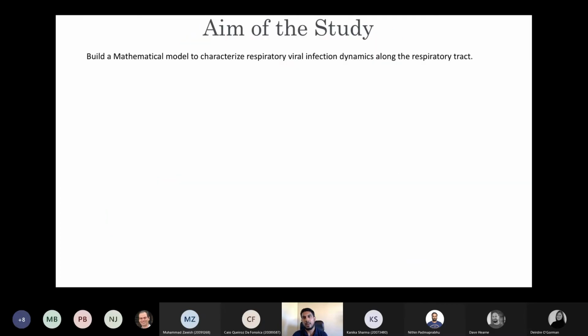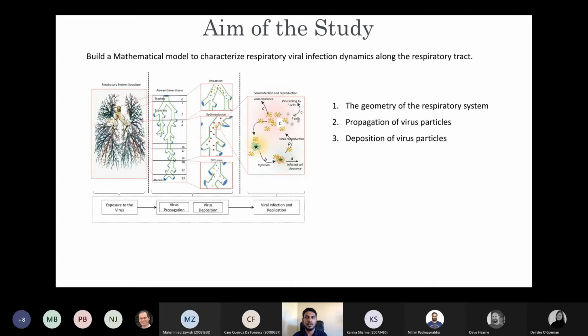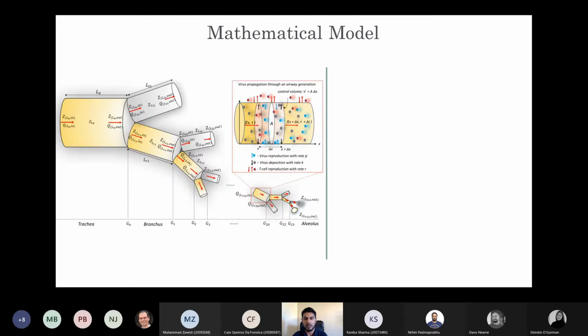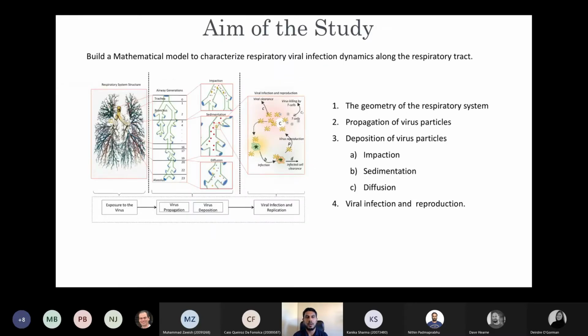So mainly our aim in this study was developing a mathematical model to characterize the virus propagation along our respiratory tract. Once it gets in through our nose or mouth, how it travels along the respiratory tract and how the infection dynamics vary. So we studied the geometry to model the virus propagation process.